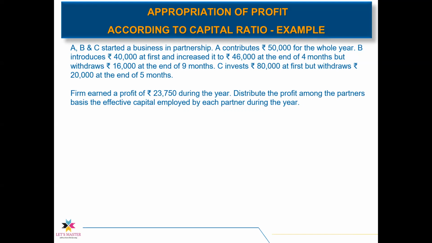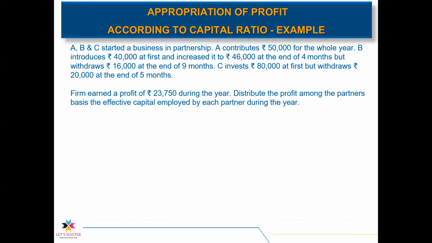The second part of the question is, the firm earned a profit of rupees 23,750 during the year. Distribute the profit among the partners on the basis of the effective capital employed by each partner during the year. Now, this 23,750 needs to be distributed among these partners in the ratio of their capital employed.